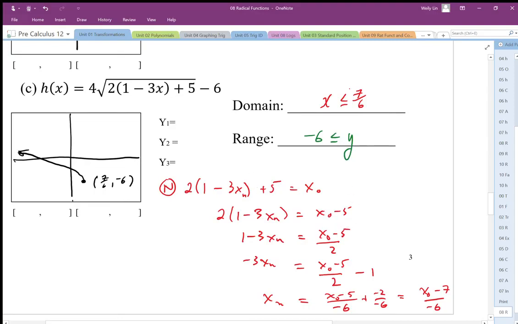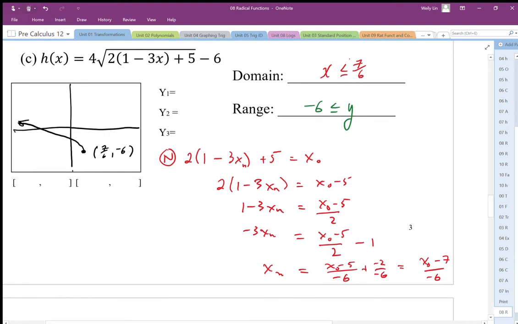Sometimes it's easier to just use the domain boundary, figure out where the inside is equal to 0 and figure out the left or right hand side. For this one, I probably would have chosen the other way around, because it seemed to be a lot of work to figure out all the transformations to get to this point. But once I've got to my transformation, I can figure out my vertex by going 7 left and dividing by negative 6. That's my vertex, and I know the direction because of that horizontal flip.